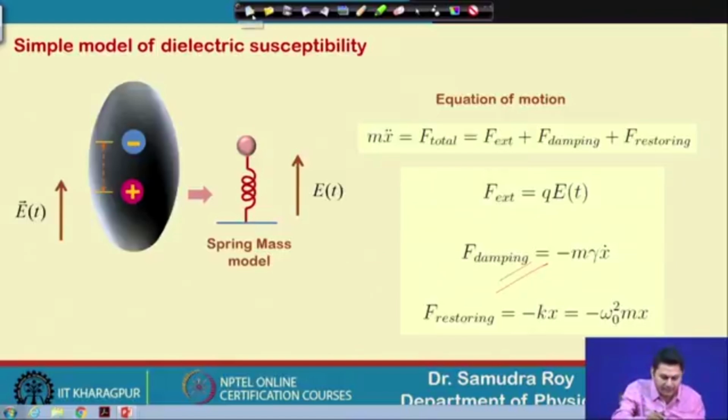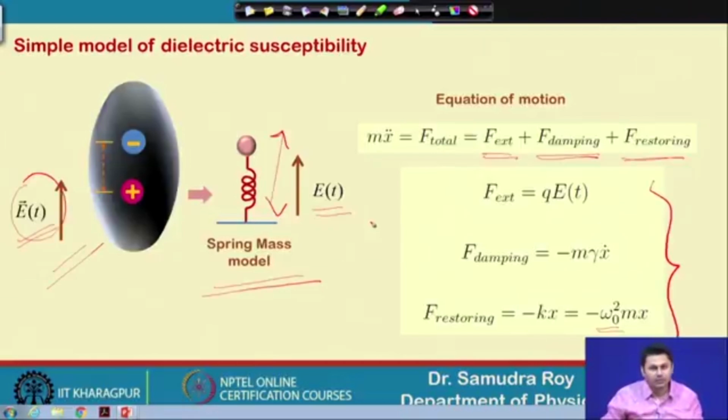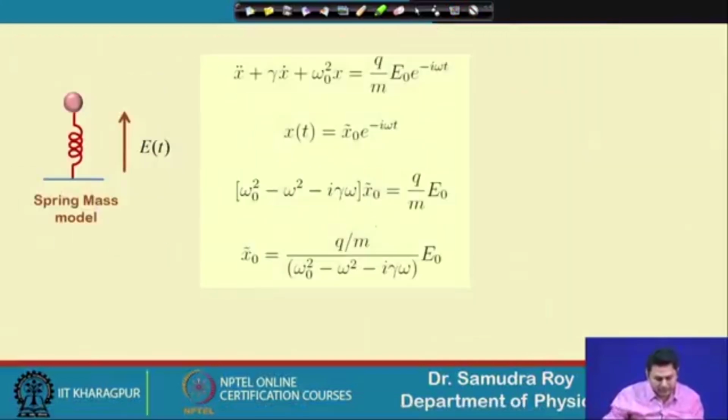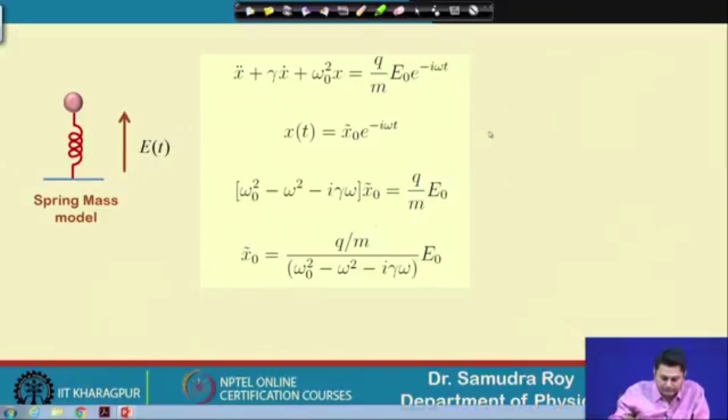After having these forces, we can write the equation of motion, which can be represented in terms of the displacement x. If I try to find the displacement under application of an electric field, then it should be like this.